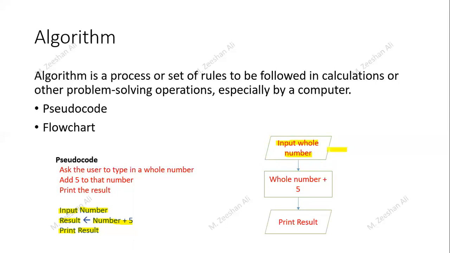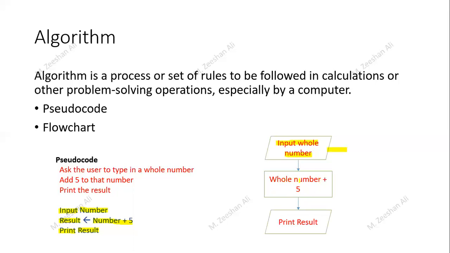With the help of this shape, you can find out that some sort of input or output is going on. As we have mentioned here, that is input, so we are taking a value from the user. In the second box, you can see that it's a simple rectangle. A rectangle is used for showing any type of process. What is the process going on here?